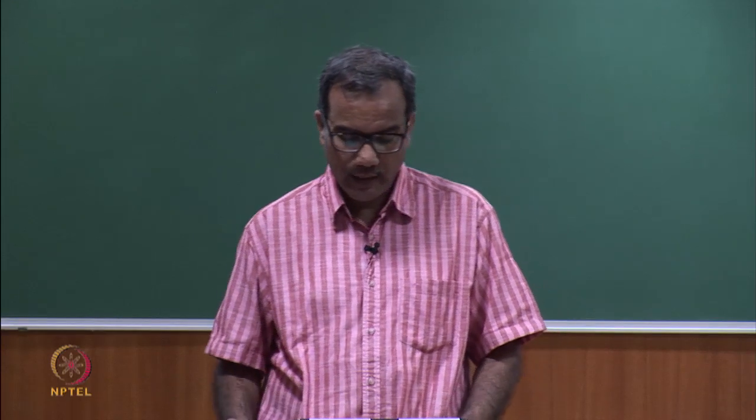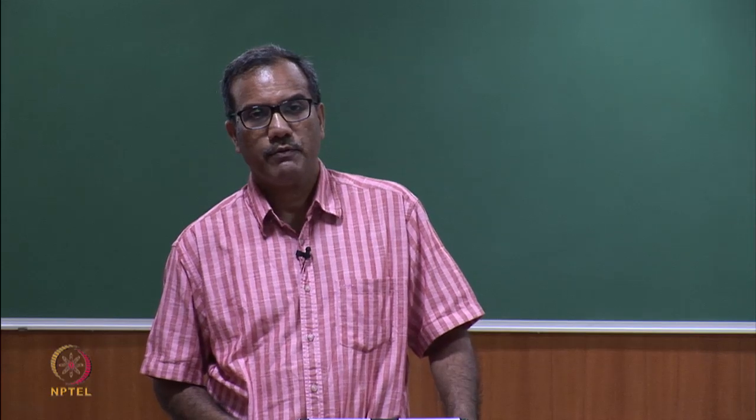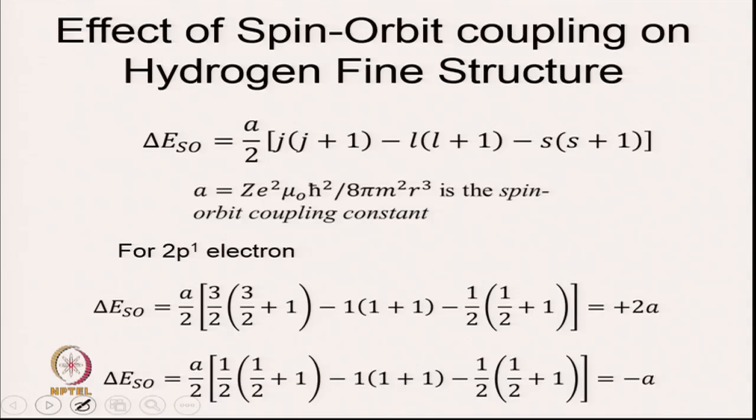So, we can now calculate delta E, the effect of spin orbit coupling on hydrogen fine structure. Okay. So, when there is coupling, then you get a fine structure. So, delta E S O is given by A by 2, where A is a constant, into j j plus 1 minus L L plus 1 minus S S plus 1.